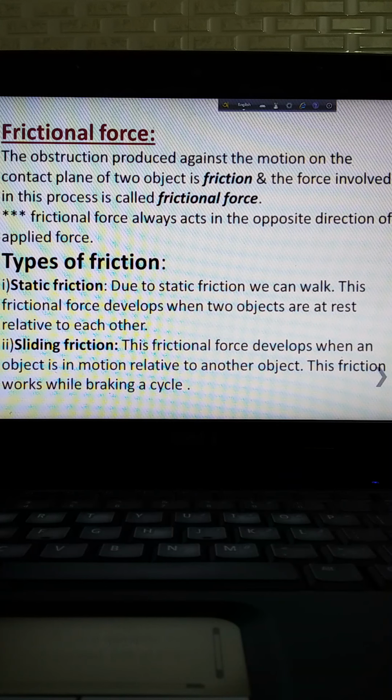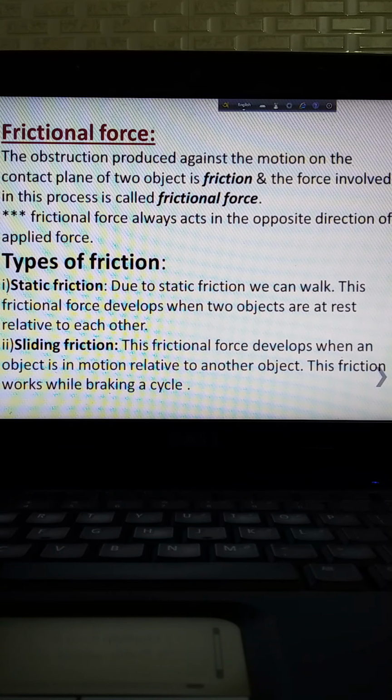This frictional force develops when two objects are at rest relative to each other. When two objects are at rest relative to each other, then resistance is created between them, and this is called static friction. Sliding friction. What is sliding friction?